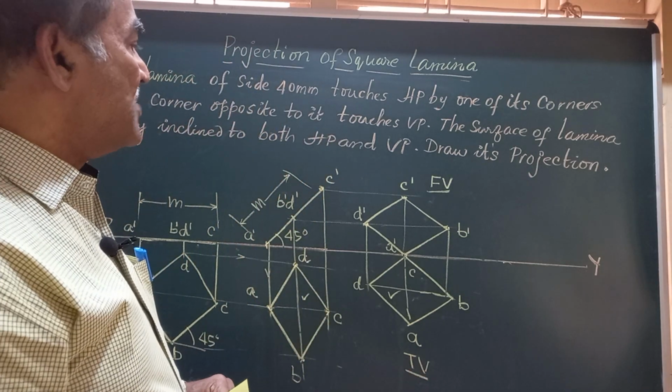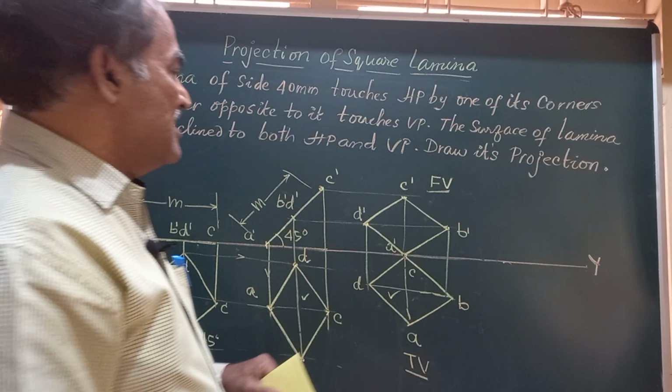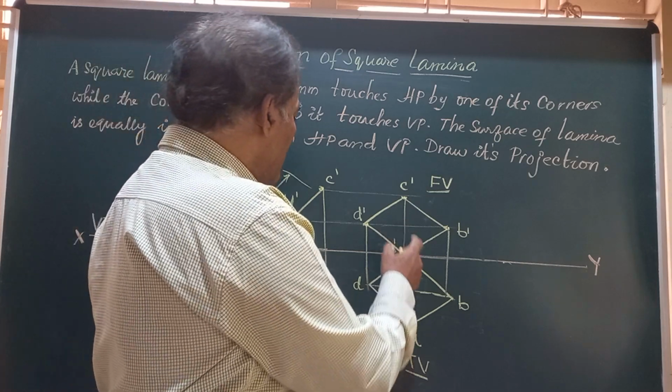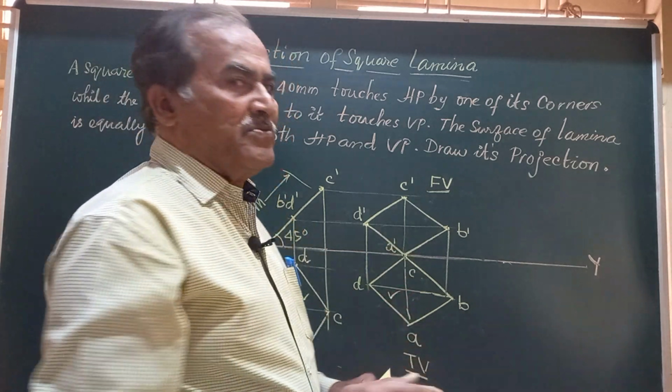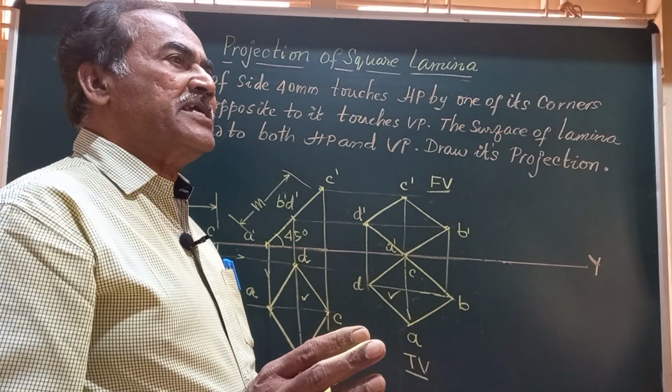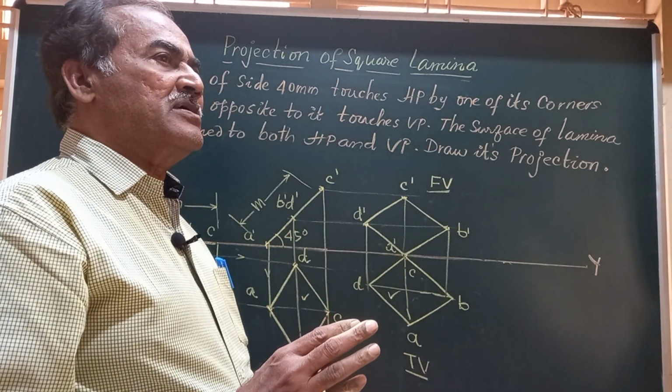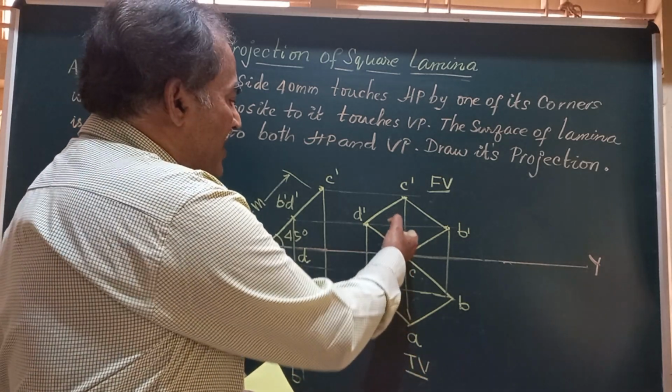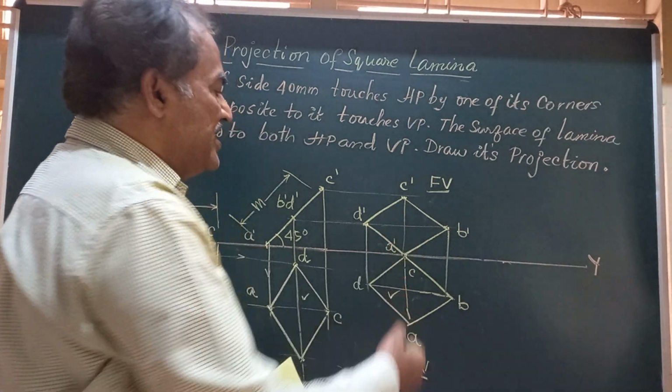Friends, you can observe an important thing, that both of these two figures are exactly identical, because when the surface is inclined to both HP and VP equally, you are going to have figures which are totally identical to each other.